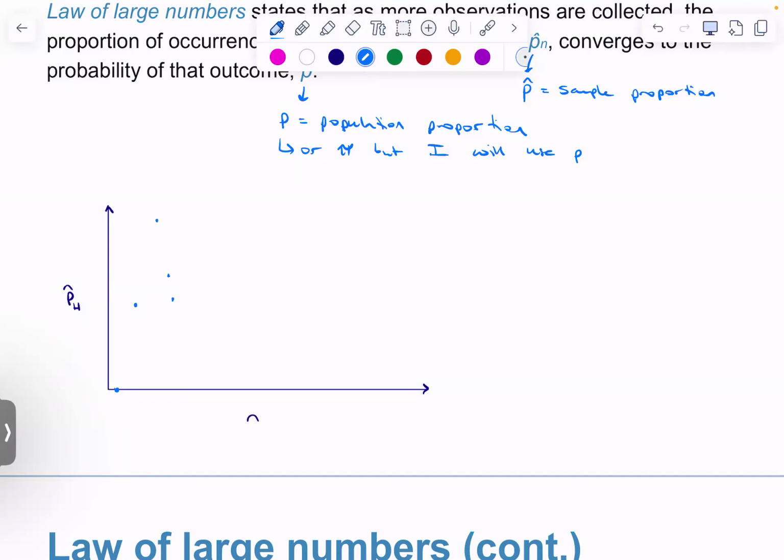And so what we get is usually something like this. As you increase the number of flips, this sample proportion tends to stabilize around the population proportion.